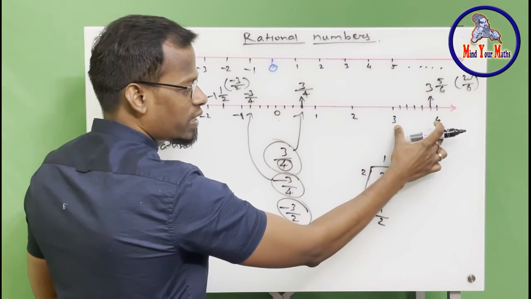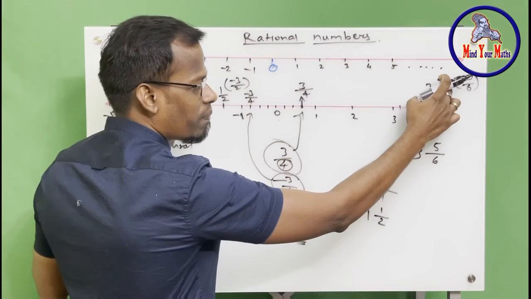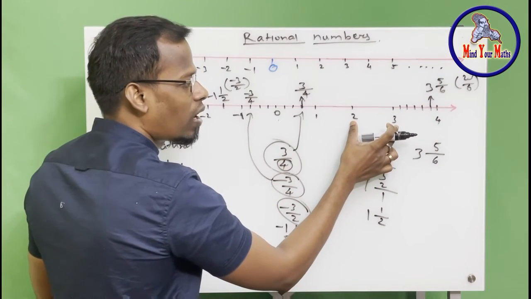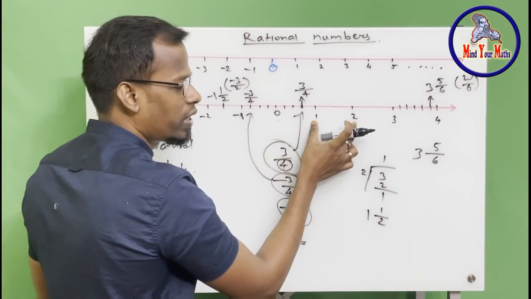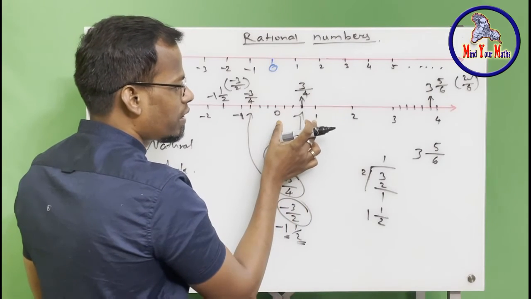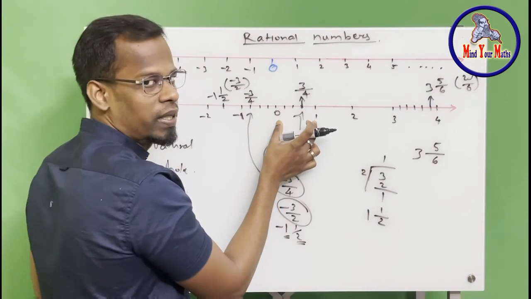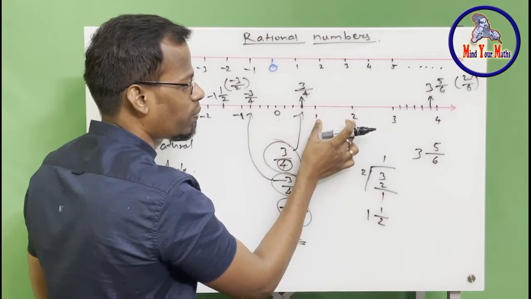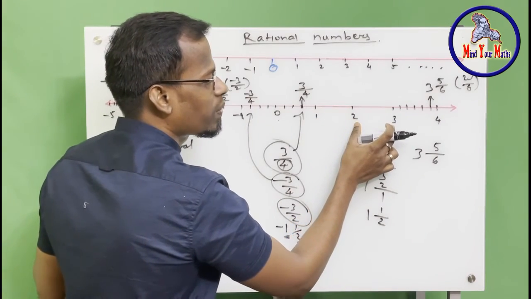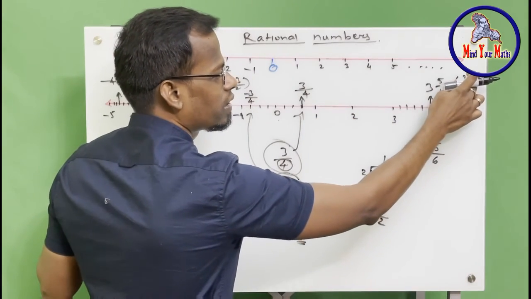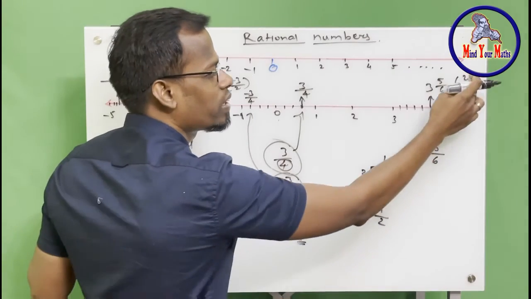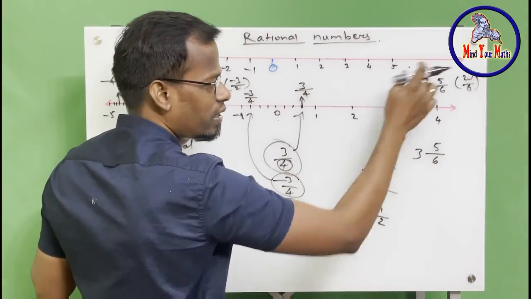From these 6 pieces, you get 5. And from here, you get all the 6 pieces, and here also all the 6 pieces, and then here also all the 6 pieces. So 6 plus 6 is 12, plus 6 is 18, 18 plus 5 is 23. That is what you get.